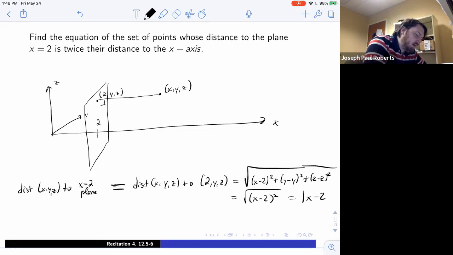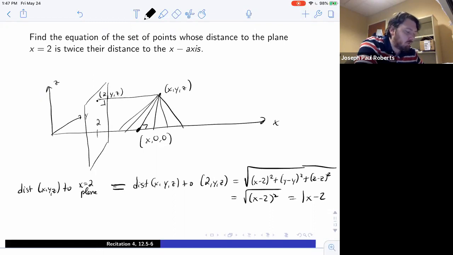And in the same way, the distance from this point to the x-axis is going to be the distance from xyz to the point x, 0, 0. To be on the x-axis, both y and z have to be 0, but if you change x, you're going to be further away.